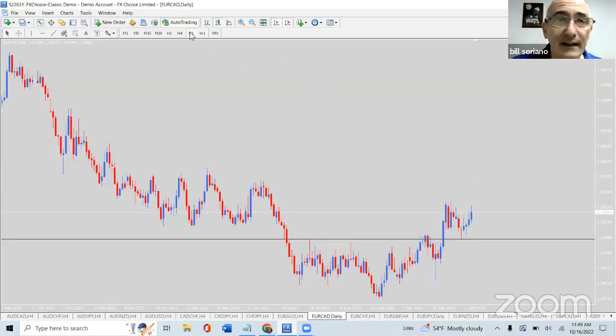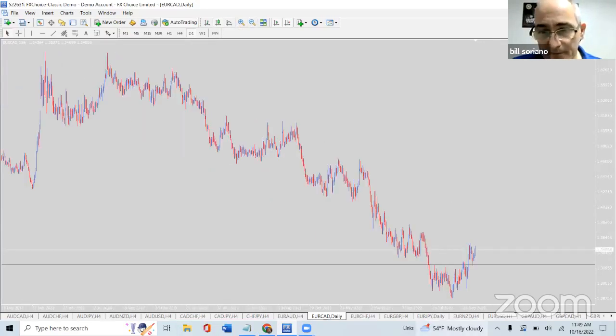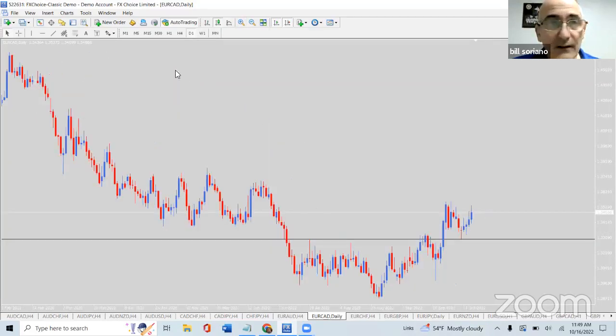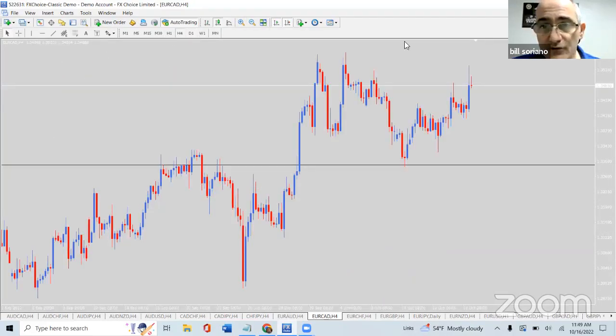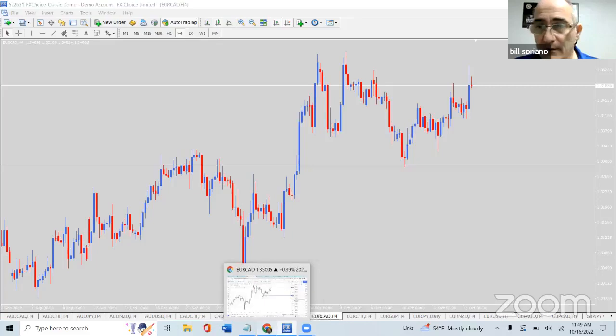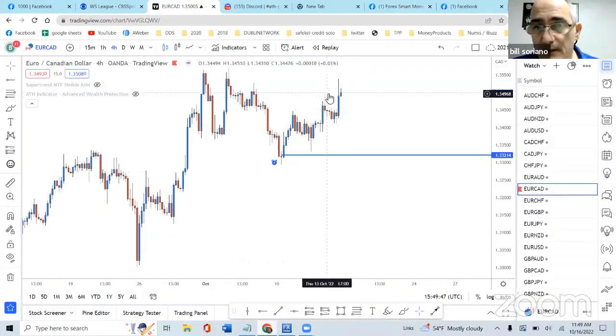So the bias now on this daily chart, even though long term appears to be very bearish, the bias right now is bullish. Okay. So the 4-hour is bullish. The daily is now bullish. So it's safe for us to look for a buy on this chart. So when we look at this area here, what do we see?